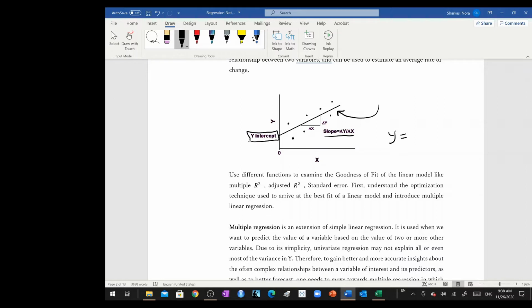So y-intercept could be b, and the slope could be a, where a is equal to delta y over delta x. So basically, you're talking about ax + b, b being the intercept and a being the slope.